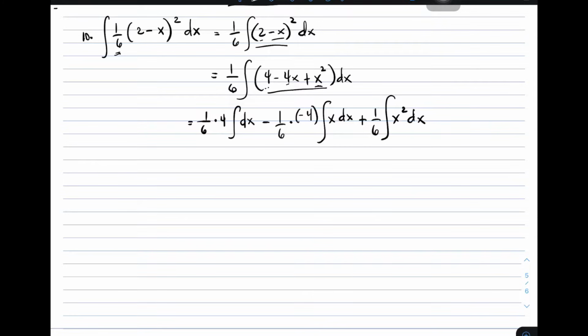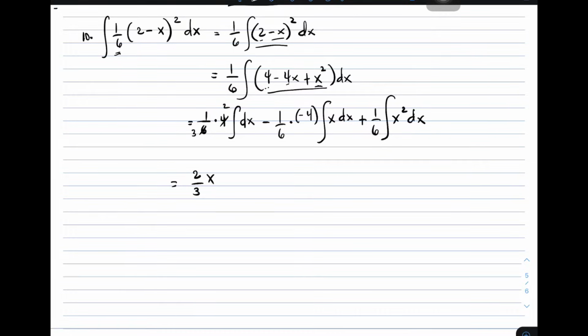So, kunin natin yung integral ng bawat term. Itong first term natin, i-multiply muna natin yung 1 over 6 times 4. Simplify na natin, this is 2 and 3. So, we have 2/3. At yung integral ng ating dx ay x. So, we are done with the first term. Punta natin yung second term natin.